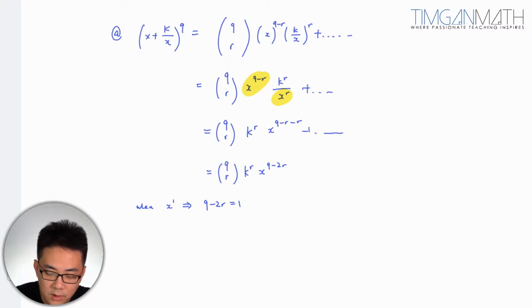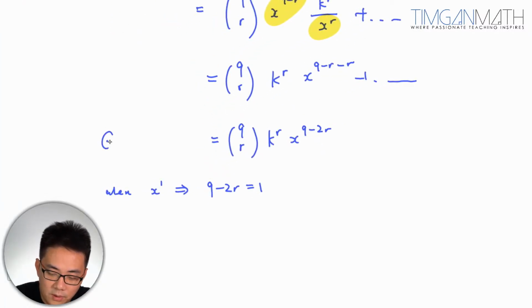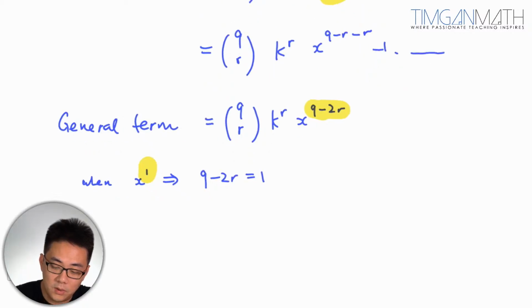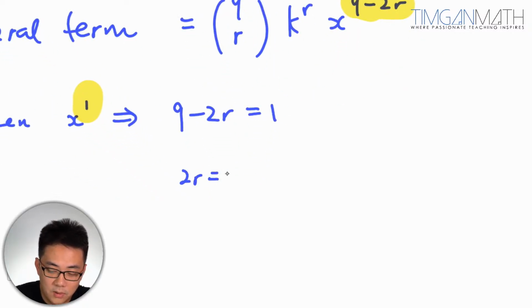Whichever term, every term follows this general formula here. So when x is to the power of 1, 9 minus 2r will just be 1. In this case here, what we get is 2r equals to 8 and r equals to 4.